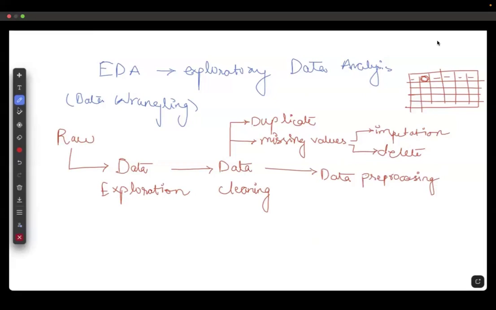So when I'm talking about data pre-processing, which means what? We are going to convert the data in the correct format. Now I'm saying format means what? There is a possibility that one column containing, let's say, string type of entry, but it should be number type of entry. So what are we going to do? We are going to change the format of the data into its correct form. So that is what is called data pre-processing.